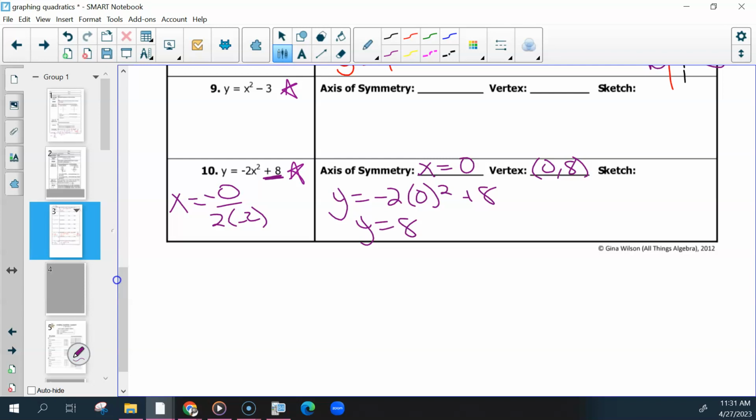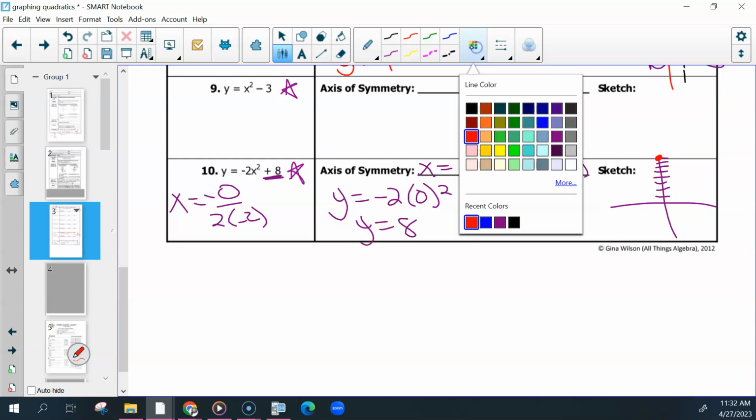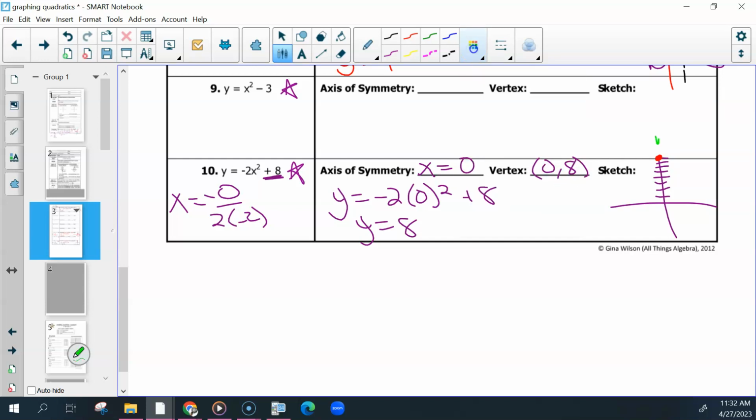So then when we draw in that sketch, are they going to face up or down? Down, because A is negative. I didn't draw in my axis of symmetry, but it's on the y-axis.